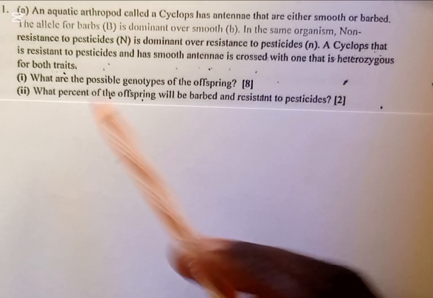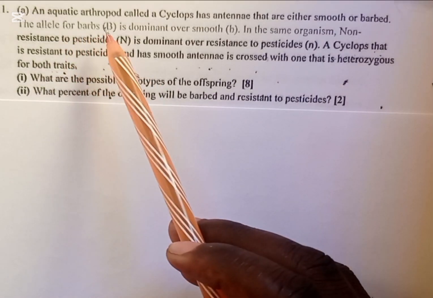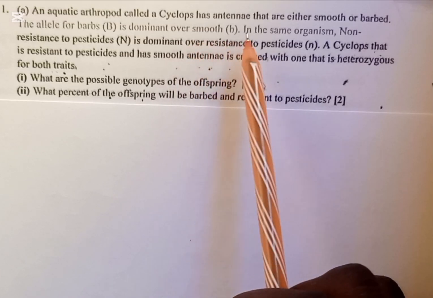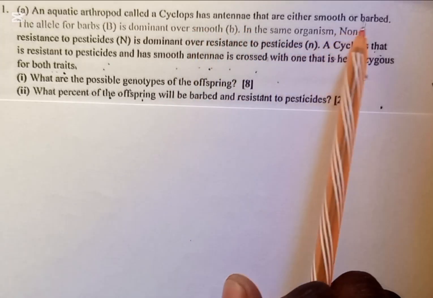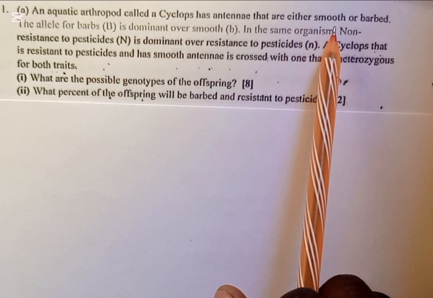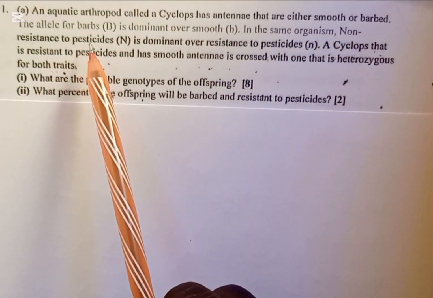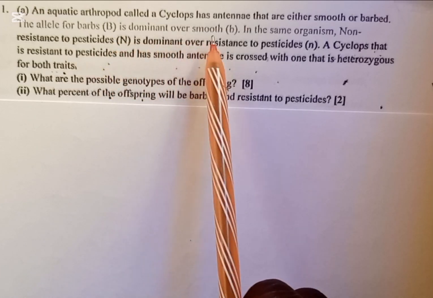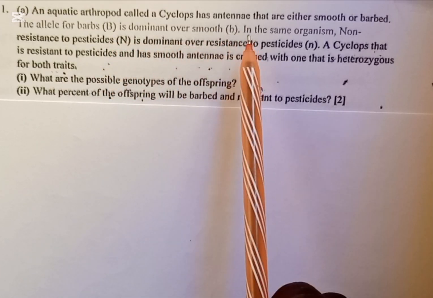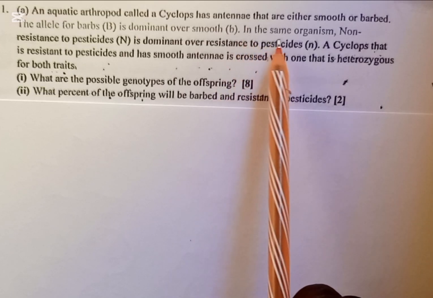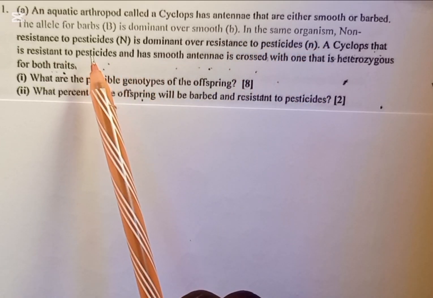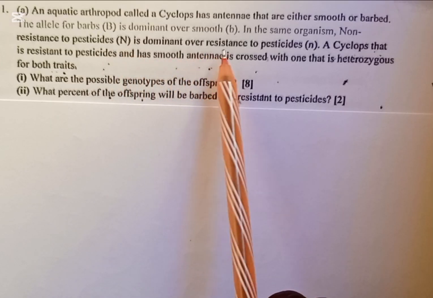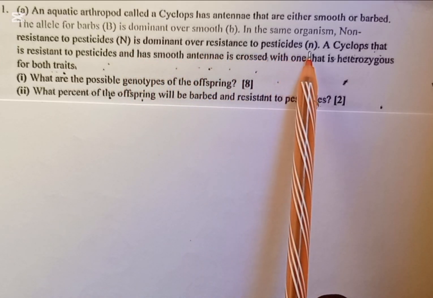Okay, so the question is saying, an aquatic arthropod called a cyclops has antennae that are either smooth or barbed. The allele for barbs is capital B, which is dominant over smooth. So this is one characteristic that you're talking about here. In the same organism, non-resistance to pesticides, N, is dominant over resistance to pesticides, n.